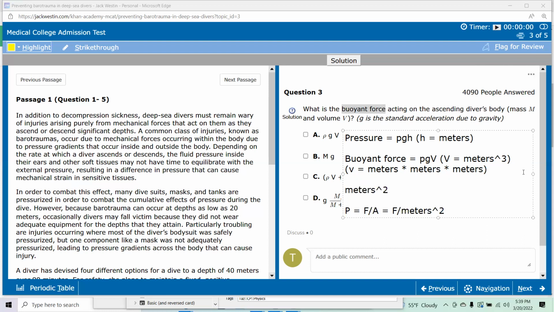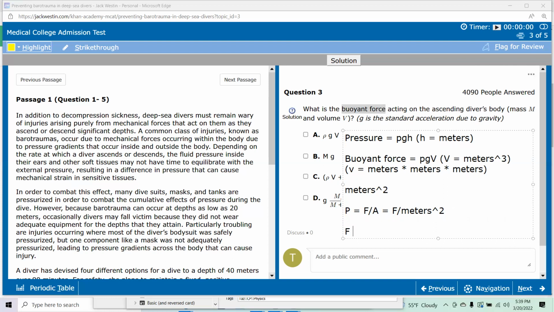So what I'm trying to explain is how do we go from pressure to buoyant force? If pressure is PGH, and pressure is equal to force over area, which is force over meters squared, and the buoyant force is force.